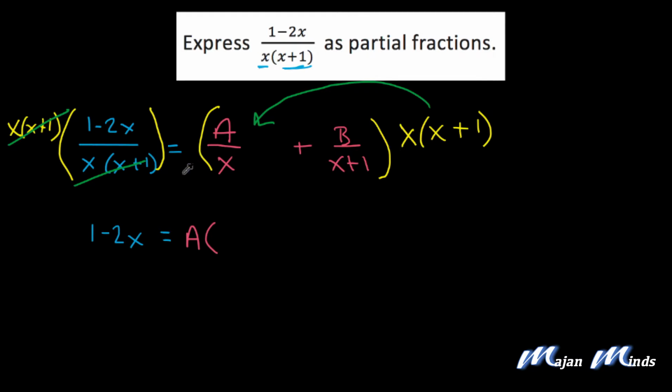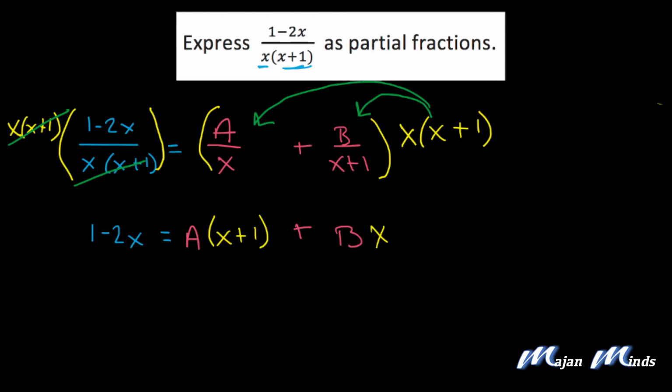Then I'm going to have plus B, and when I bring this whole yellow piece to the B piece, the x plus 1 and the x plus 1 will cancel, and all that I will have left here is an x. And so what I have done now is I took what was blue and pink, and I've turned it into an expression that does not have any fractions in it.